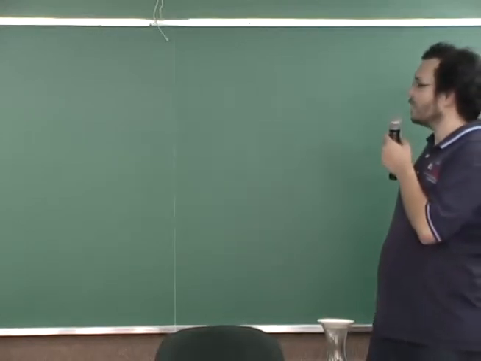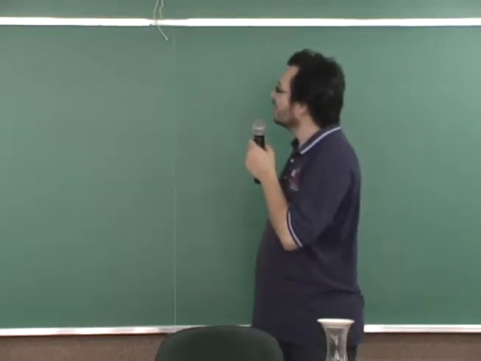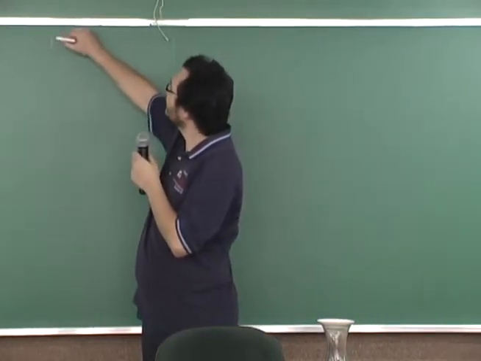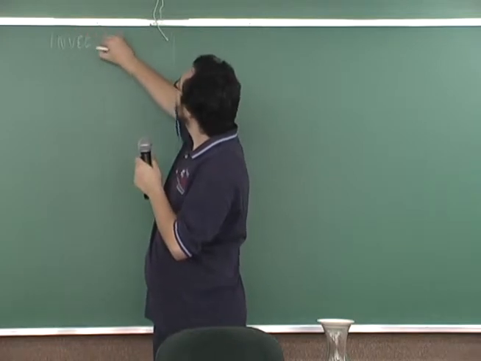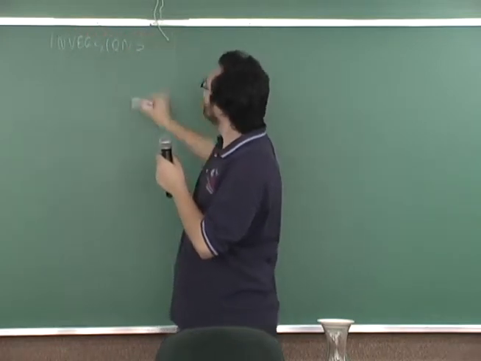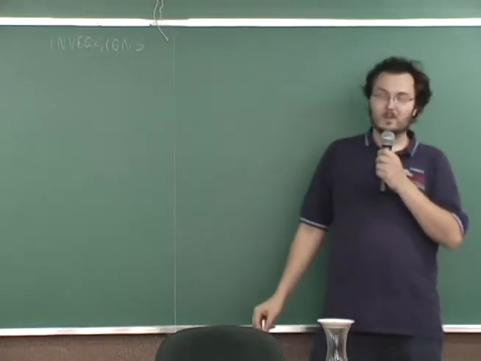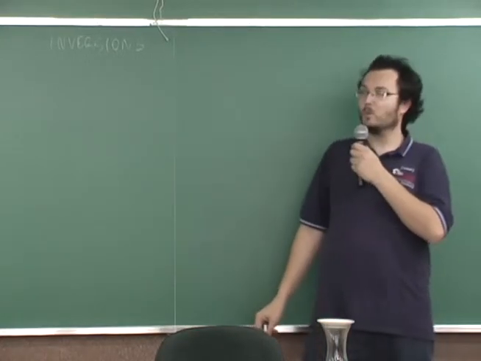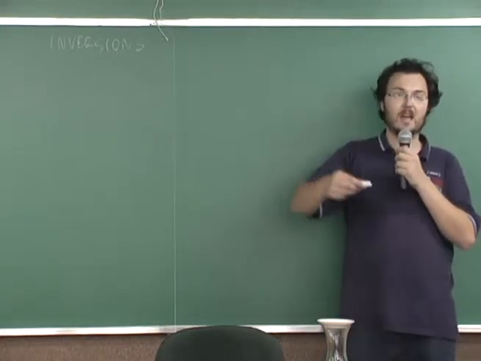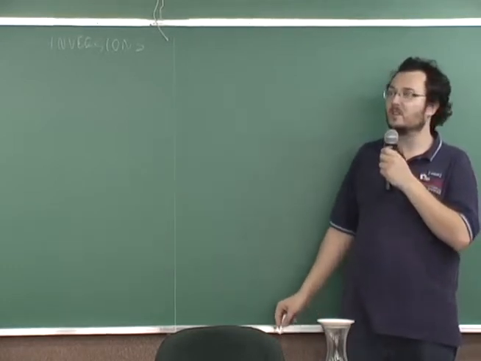So, probably the easiest task today was the task with the inversions. So, the goal is to construct one permutation with a given length and a given number of inversions.